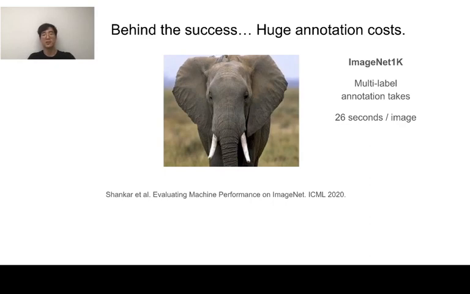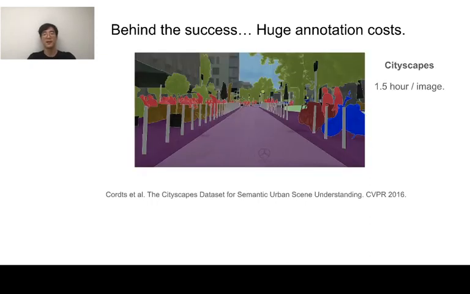Think about how much time you have to spend when you have thousands and millions of images. This is even worse for semantic labeling annotation. If you want to do it per pixel, it takes about 1.5 hours per image in the case of Cityscapes. This is very expensive.